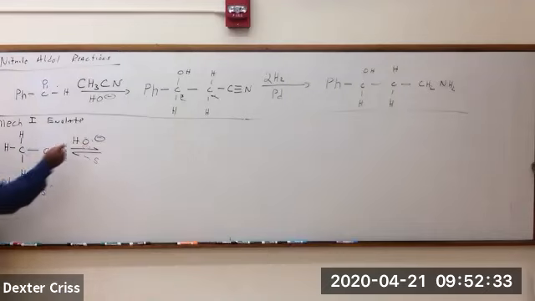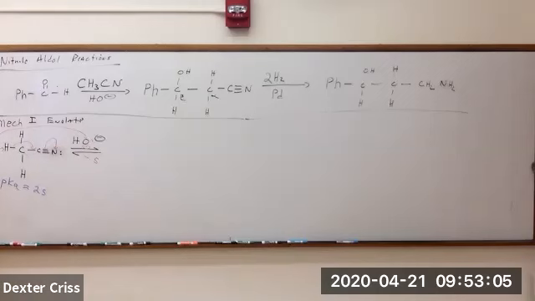Okay. So the lone pair attacks one of these alpha hydrogens. It doesn't really matter. This collapses. Actually, I should draw this out. These electrons go on the nitrogen like so.